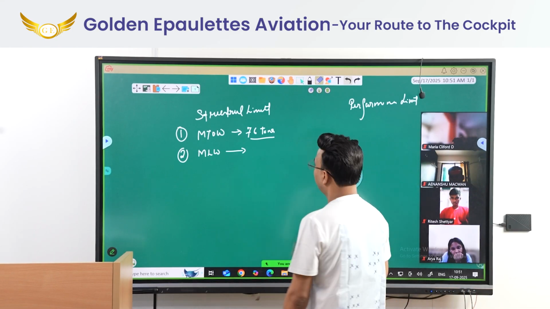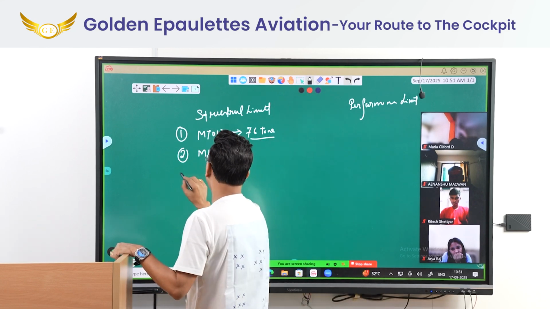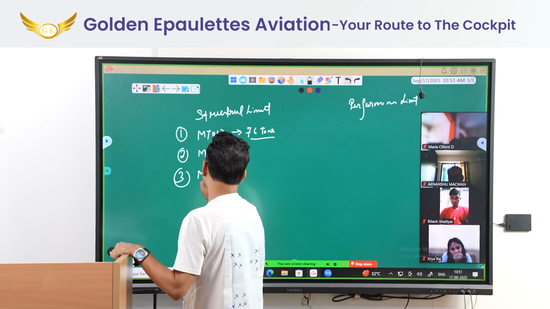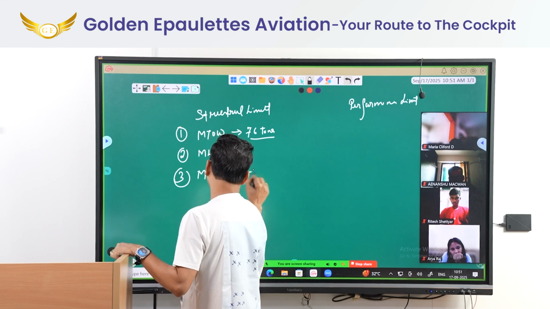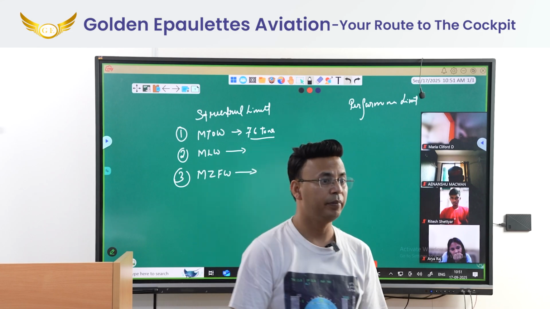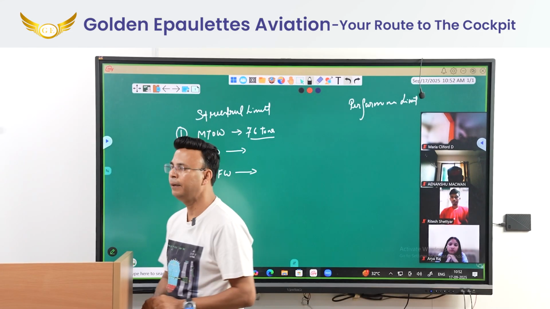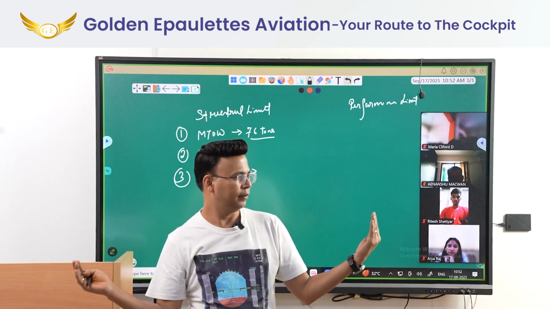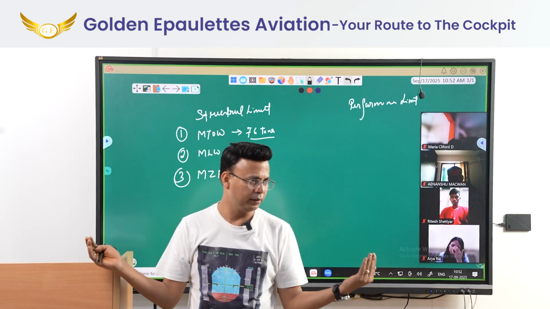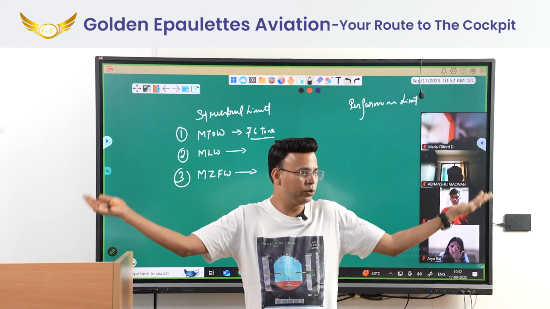But they are different. Similarly, there is a third structural limit, which is called MZFW, max zero fuel weight. This is the maximum authorized weight without fuel. There is a limitation due to wing bending, so you must have some fuel in the wing so that it doesn't twist.